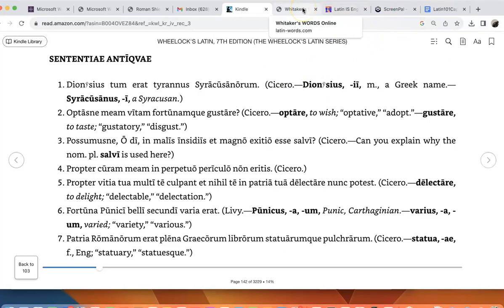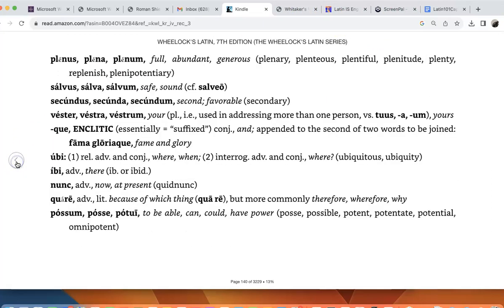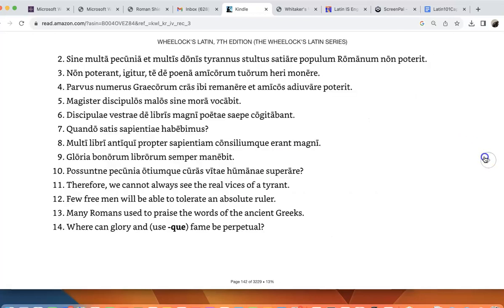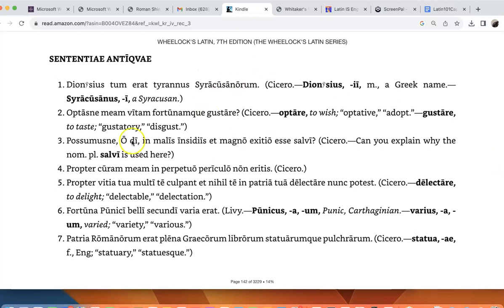It's actually one of your vocabulary words. I think if we go back just to kind of put this in context here. So here it is right here. So it means ambush, plot, treachery. It's where we get the word insidious. So I'm just going to keep it like that. And so are we able, O gods, to be safe from all the treachery, and destruction.